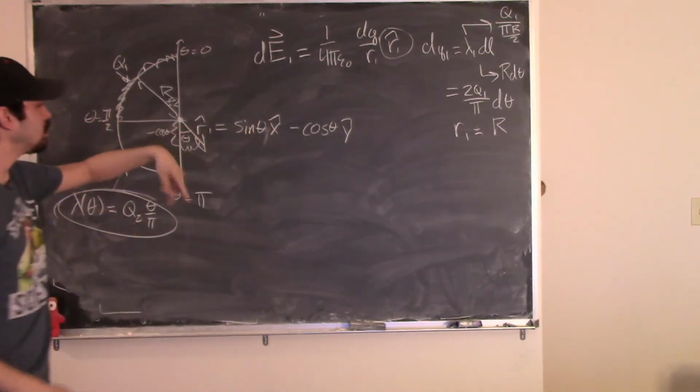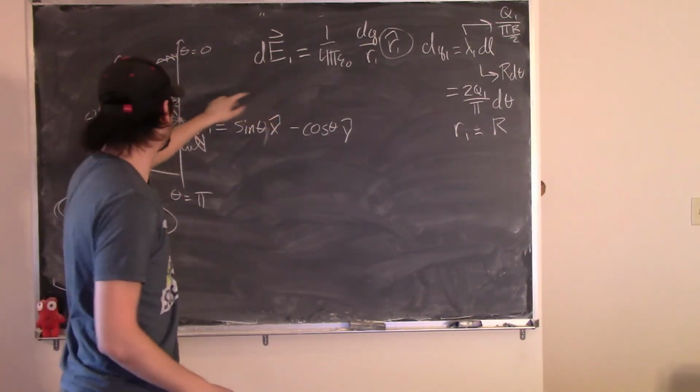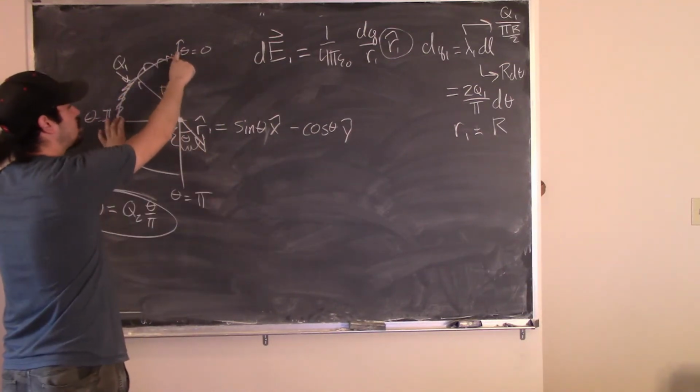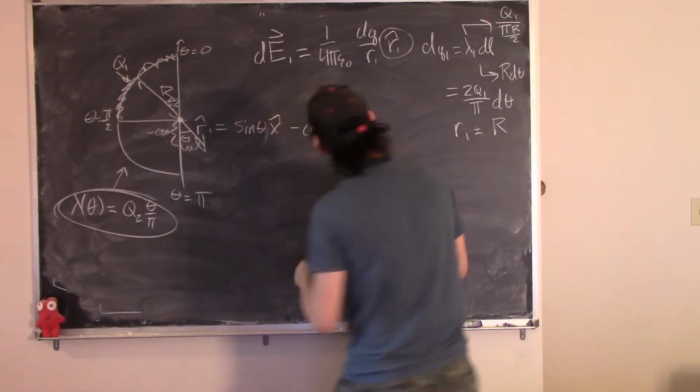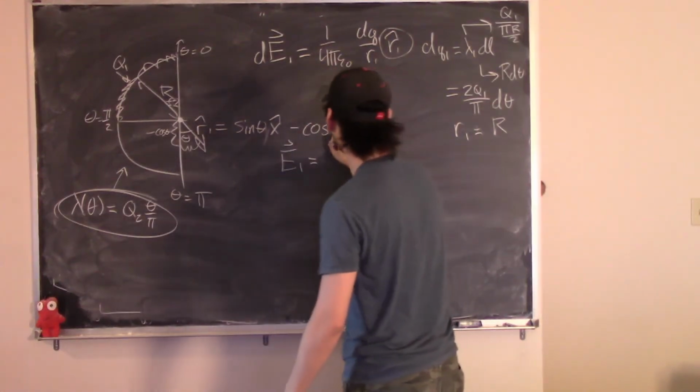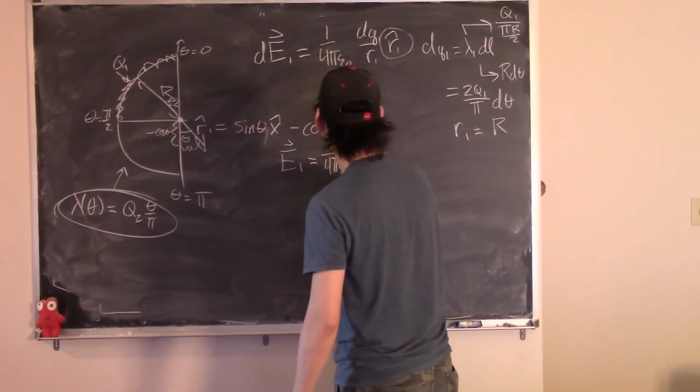Okay. So now I can put this all together to find what the electric field is produced by this portion right here. And that's to say that E vector 1 is going to be equal to 1 over 4 pi epsilon naught.